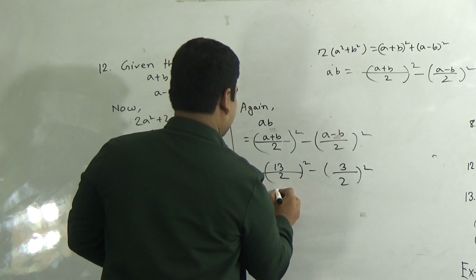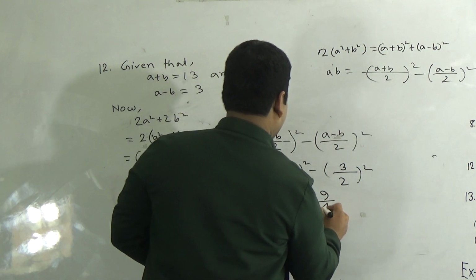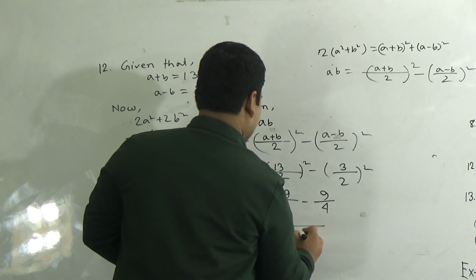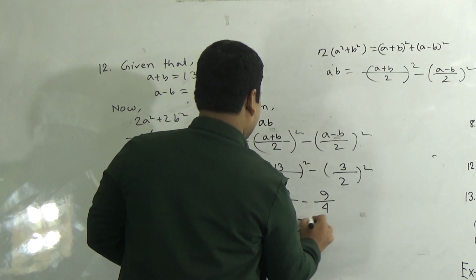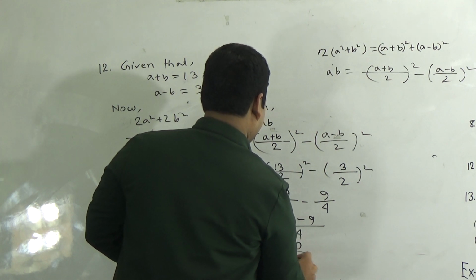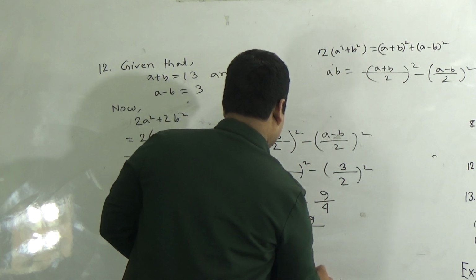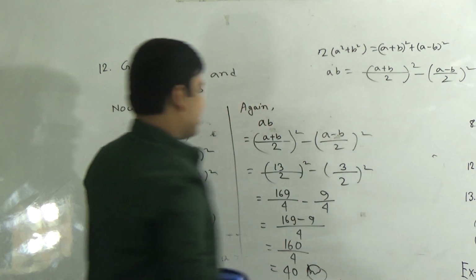So 13 square is 169 by 4 minus 3 square is 9 by 4. 4 is the LCM, 169 minus 9. Subtract and we get 160 by 4. If we divide 160 by 4, then we get 40. So this is another answer.